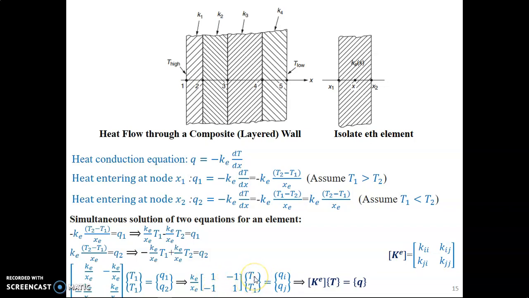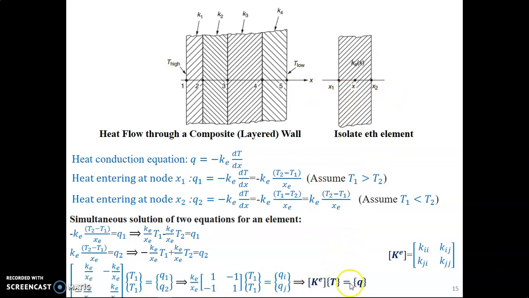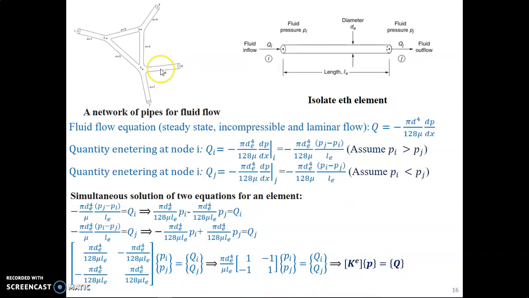T1 will be the temperature on the first node, T2 will be the temperature on the second node, and Q1 and Q2 are the heat flux from the left side and from the right side. Again, these equations can be written in the form Kt equals X, or Kp equals X.